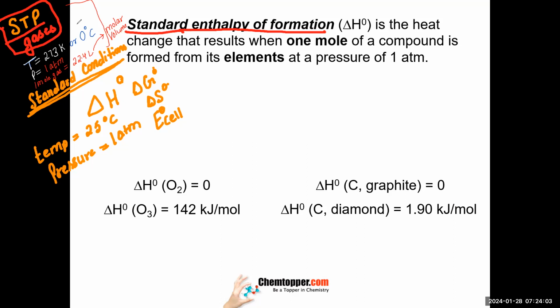I'm waiting for an answer: 22.4 liters is what, Sanjana? 22.4 liters represents the volume of 1 mole of gas. Yes. Good.